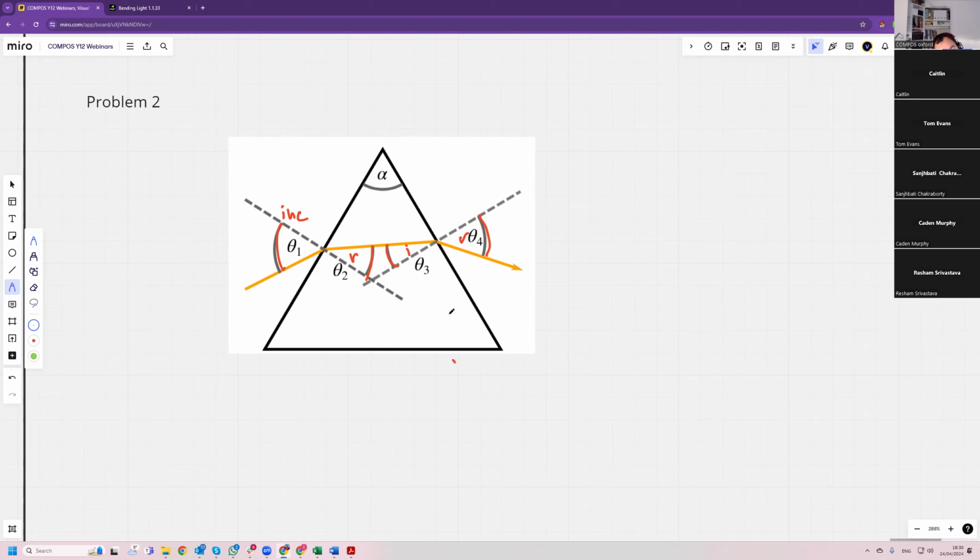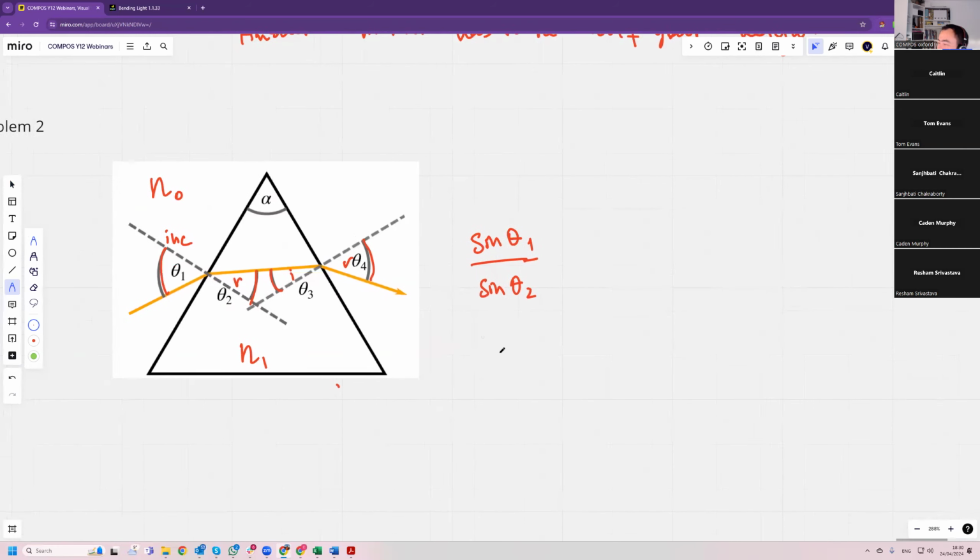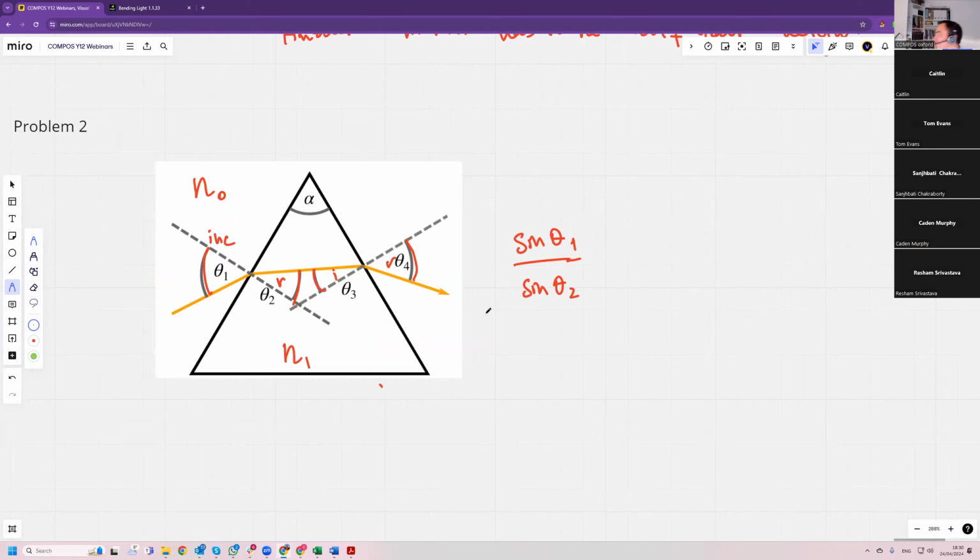And for the first boundary, assume that the glass has a refractive index n1 and air has a refractive index n0. Then we write sine θ1 over sine θ2. Now, here's a trick I like to use because I'm not very good at memorizing formulae, honestly. Sine θ1 over sine θ2.